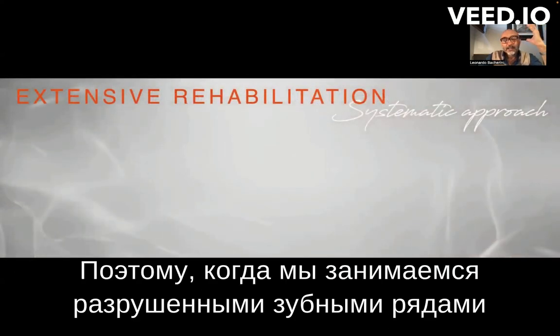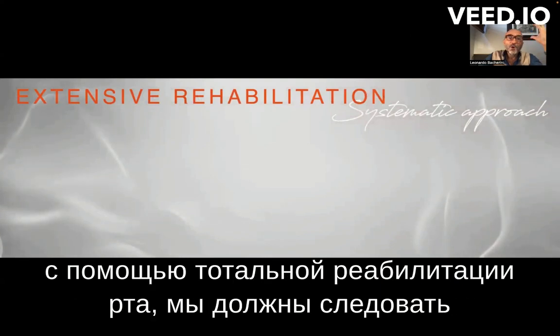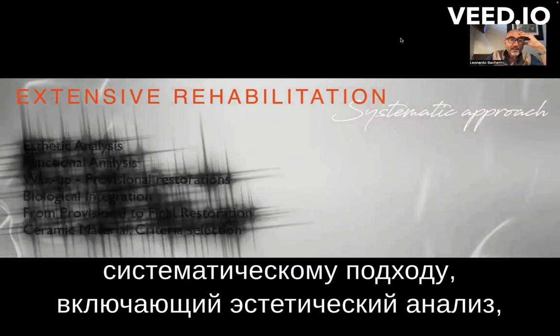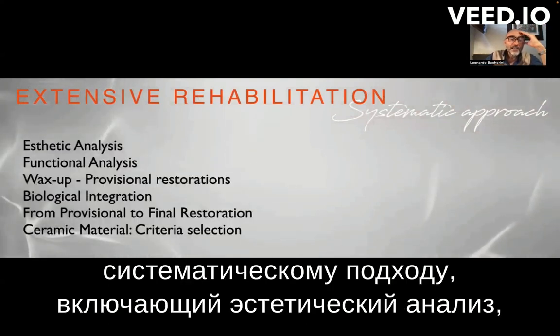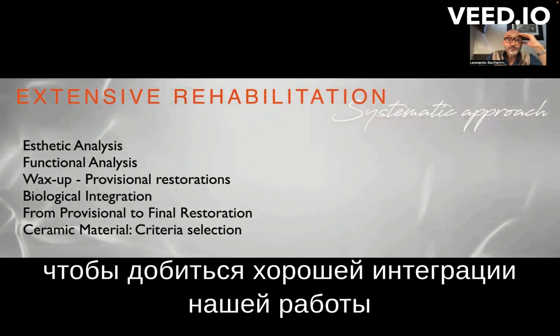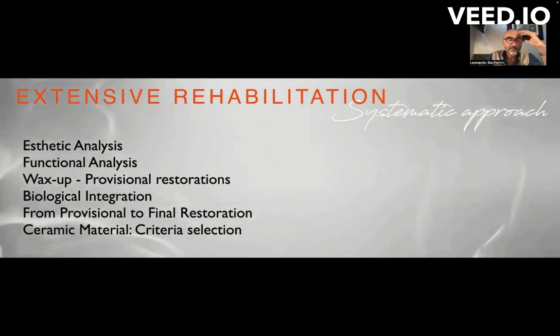So when we treat a compromised dentition with a full mouth rehabilitation, we have to follow a systematic approach that includes an aesthetic analysis, a correct aesthetic analysis, and a good functional analysis, very important to avoid failures and to obtain a good integration of the rehabilitation in the stomatognathic system.